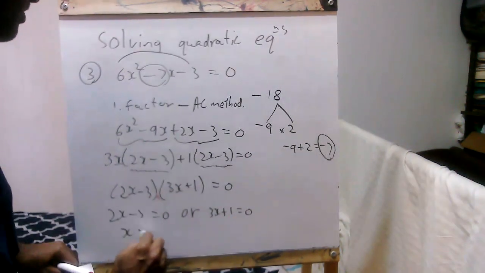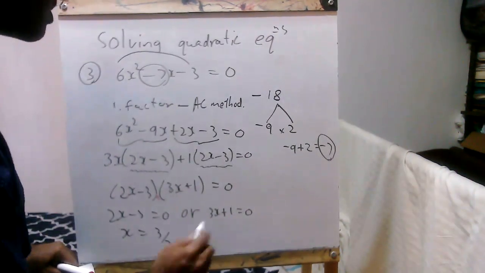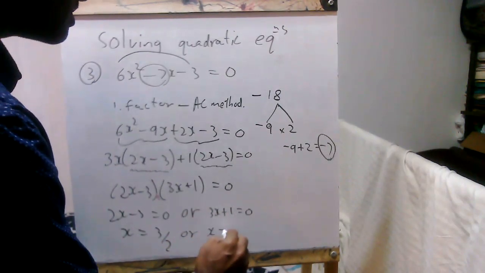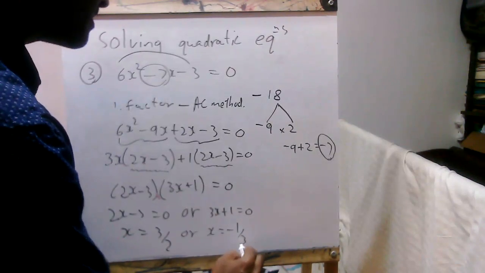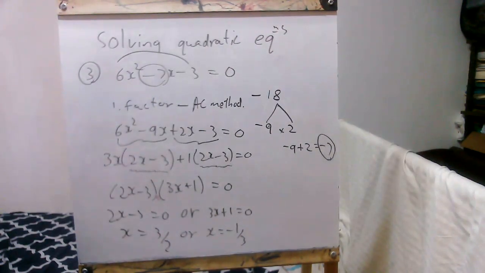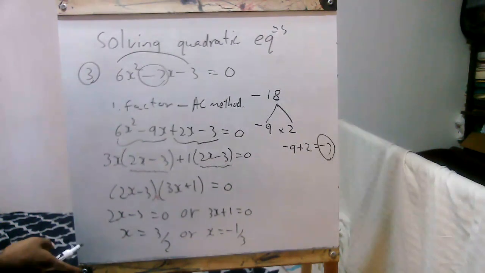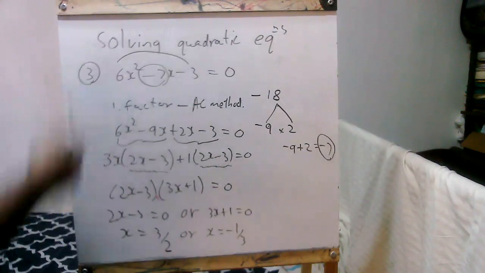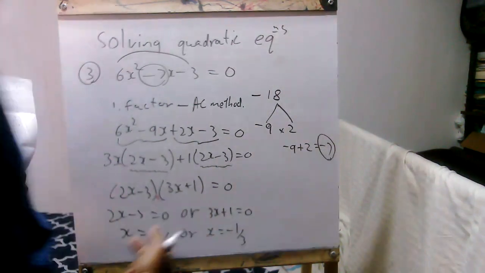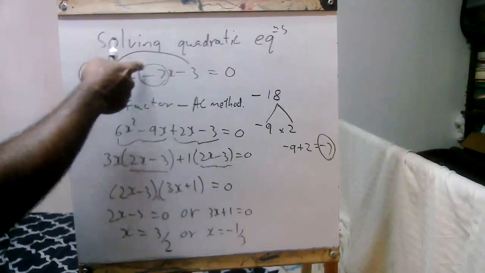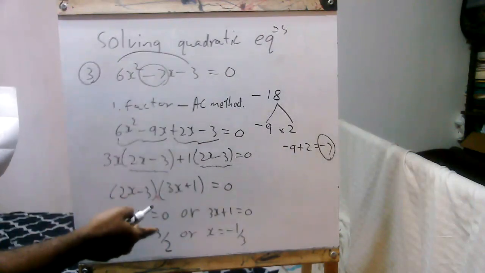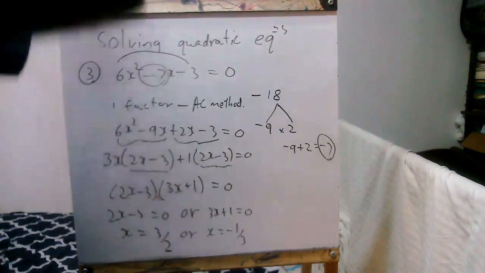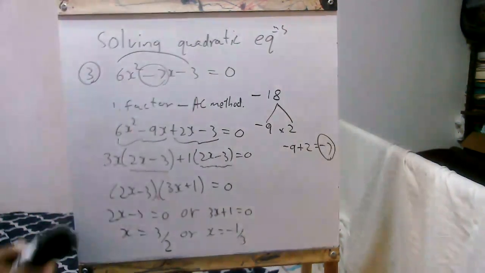Here we get x equals 3 over 2, or here we get x equals negative 1/3. Right? So we get two answers. When we solve a quadratic equation, we get two answers. If you solve a third degree equation, we get 3 answers likewise.